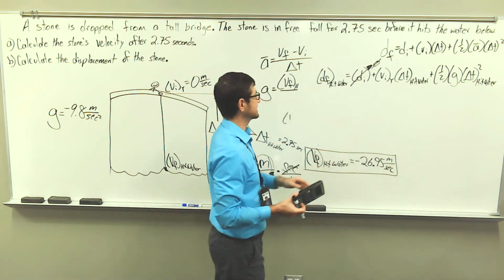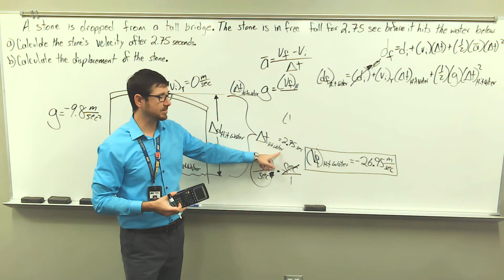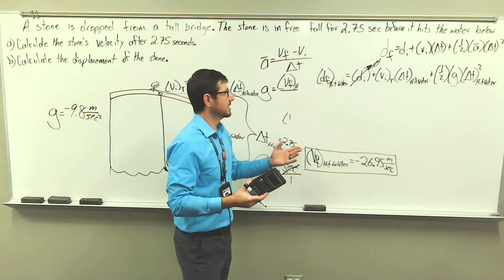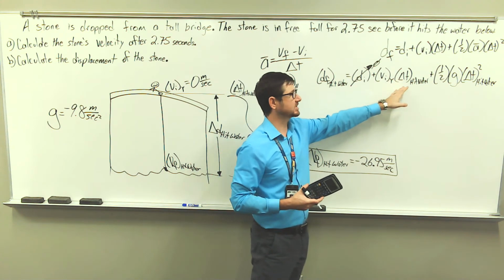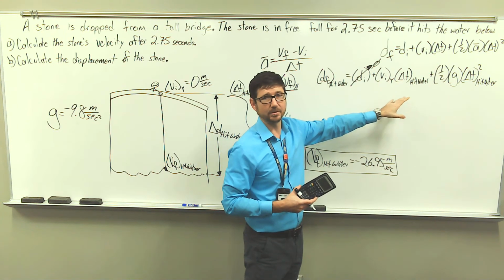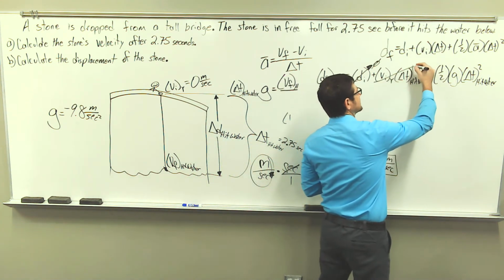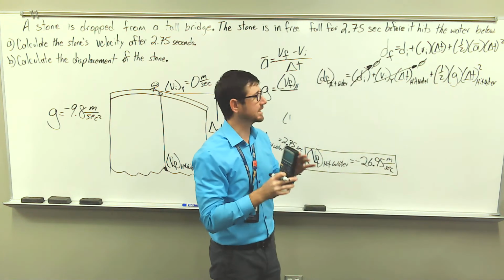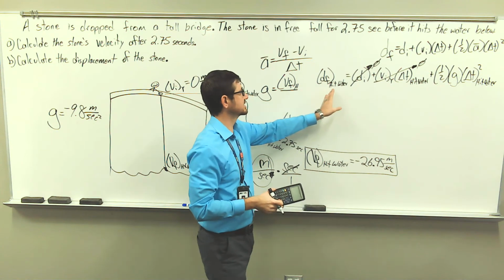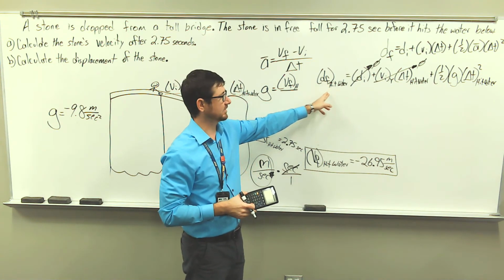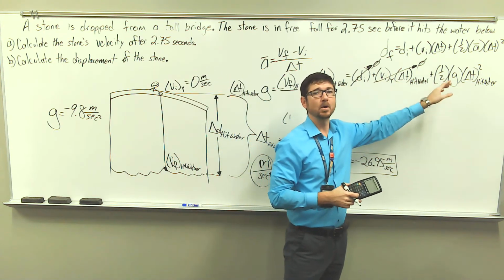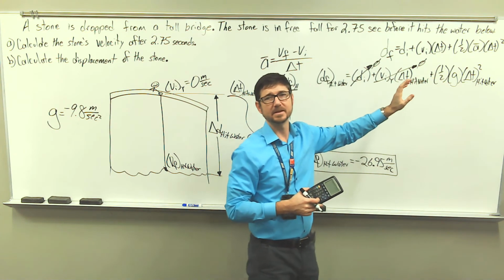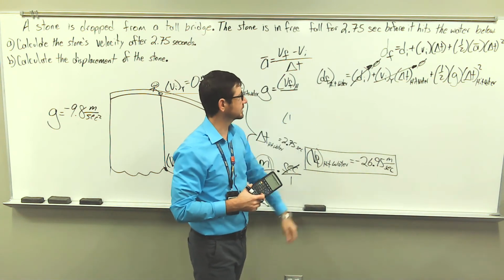Now, it told us in the problem that the time it takes for the stone to hit the water is 2.75 seconds, but 0 times that value is still 0. So this product goes to 0. So really all we are left with is the final displacement to hit the water is equal to 1/2 times the acceleration due to gravity times the time interval squared.